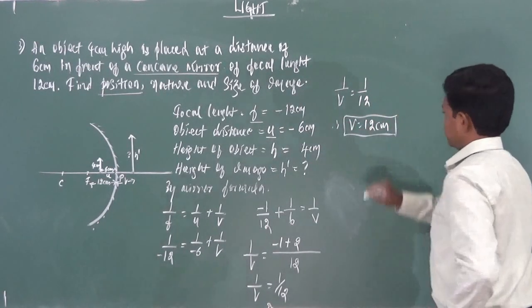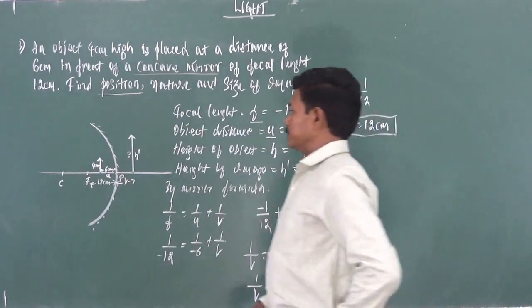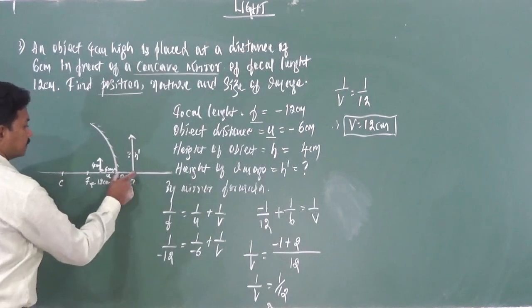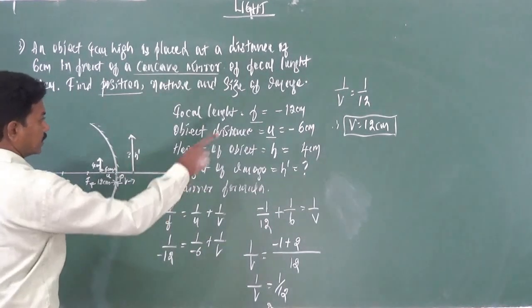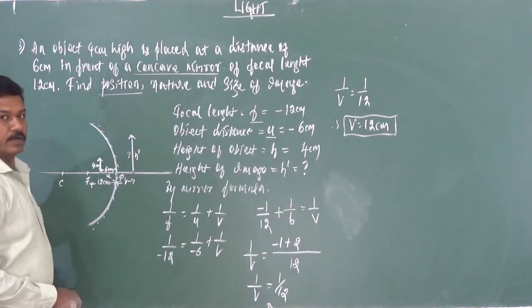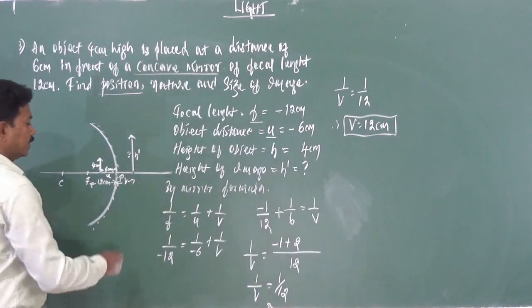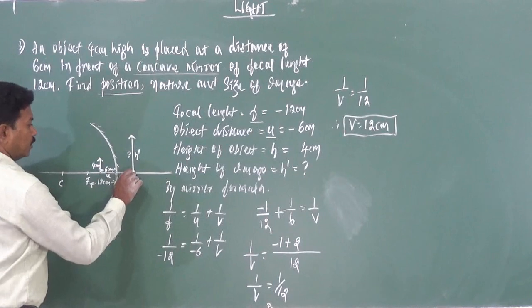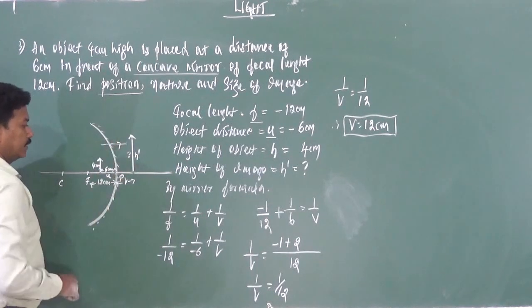So here it is the image distance. The distance of the image from the mirror is 12 centimeters. The 12 we have got is positive, because v is measured from the pole of the mirror along the direction of the incident light rays.